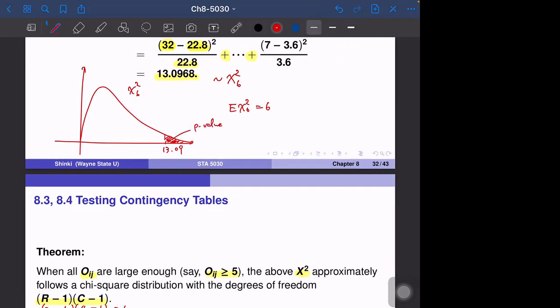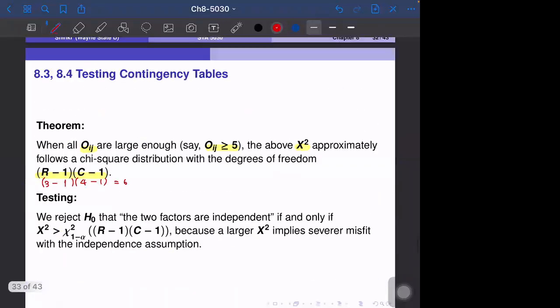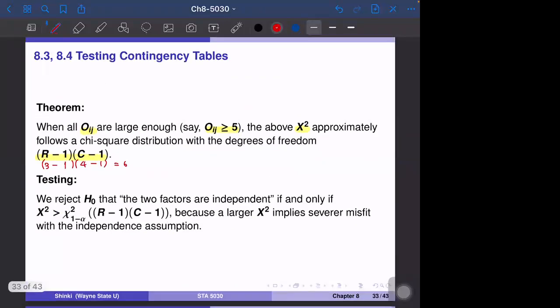The p-value is the probability that a more extreme event than our sample happens under the null hypothesis. Under the null hypothesis, chi-square is smaller, so with a larger chi-square, we reject the null hypothesis. So this is the overall explanation of the chi-square test on contingency tables. In the next video, we will explain with R code.